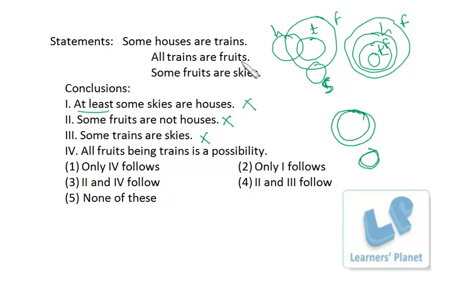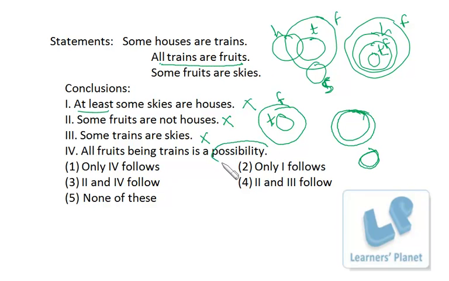All trains are fruits, that is a surety because it is already given in the statement. This is one style where this is train and this is fruit, and all trains are fruits is also true when the circles are overlapping. So there are two possibilities when we can draw the circles of all trains are fruits, right?